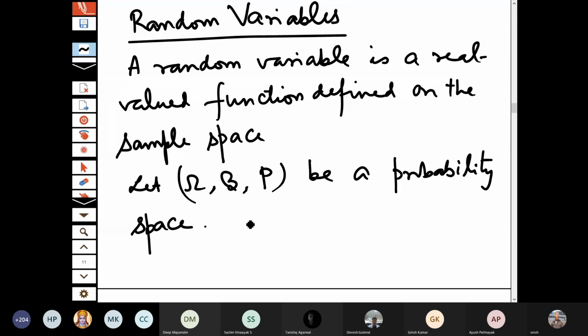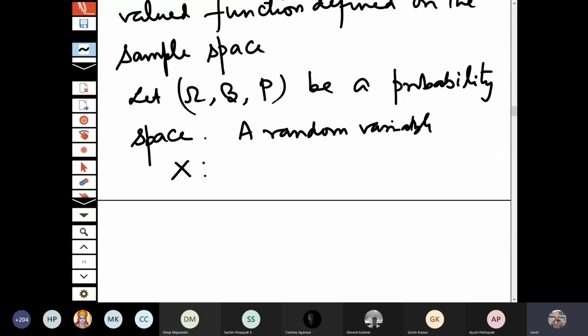So a random variable X. Okay. So we are saying it's a function. Generally we use the notation f, g and so on in mathematics, but here I am using capital English letters like X, Y, Z and so on.